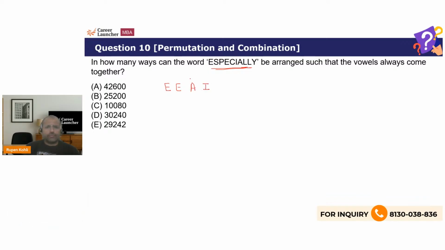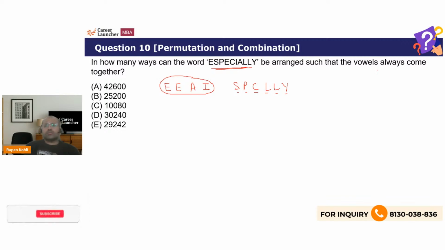Right. So we have four vowels, two of which are the same. Then we have the consonants, which is S, P, C, L, L, Y. इसमें भी L का repetition आपको दिख रहा है. So overall, these are 6 consonants and 4 vowels, a 10-letter word.